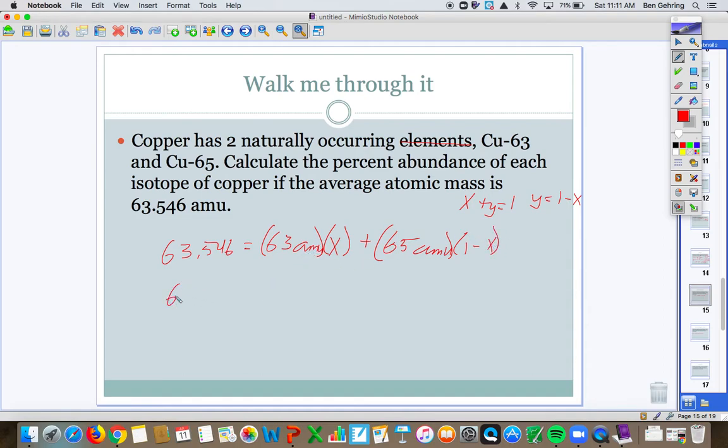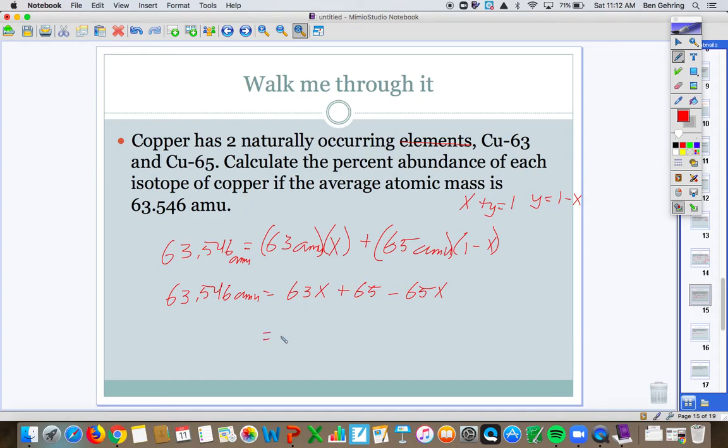Okay, so I still have 63.546, and this is AMU or grams per mole, either way, equals 63x plus 65 minus 65x. Combine like terms.